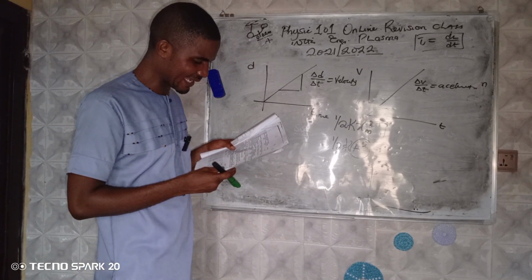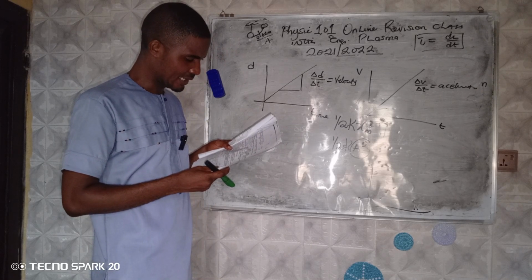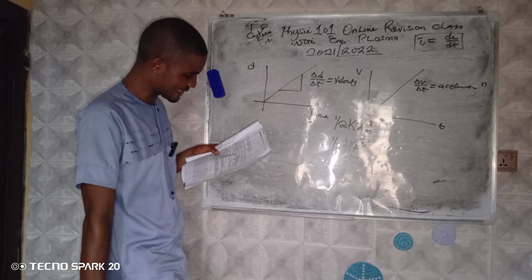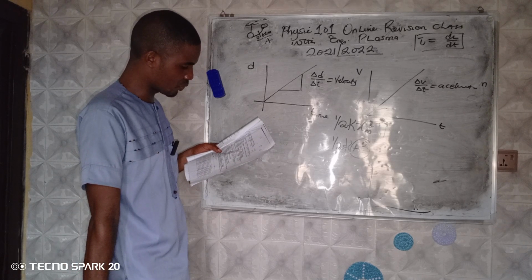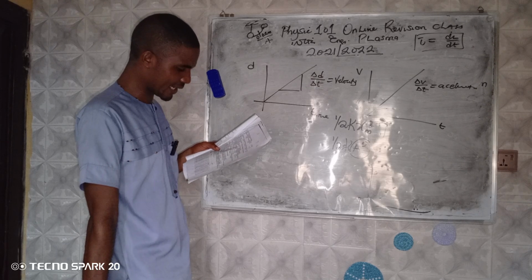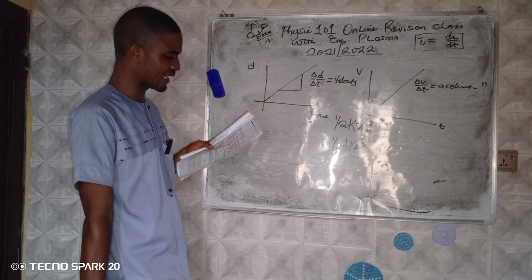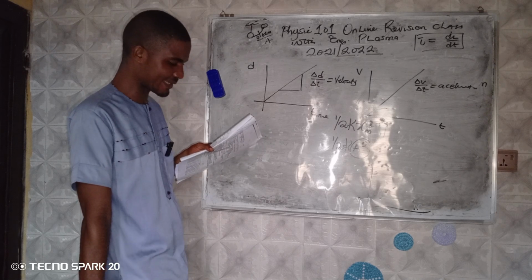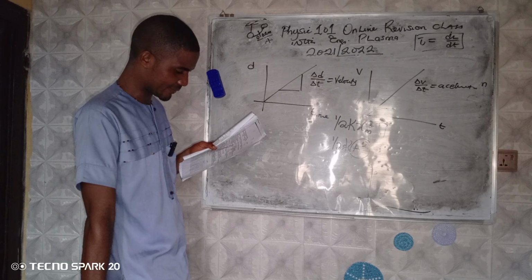So option A is very correct here. Another one that is correct here is option C: half k x squared plus half m v squared will give you total energy. The question says the total energy of a system is given as, except. Option A is correct. Option C is correct.